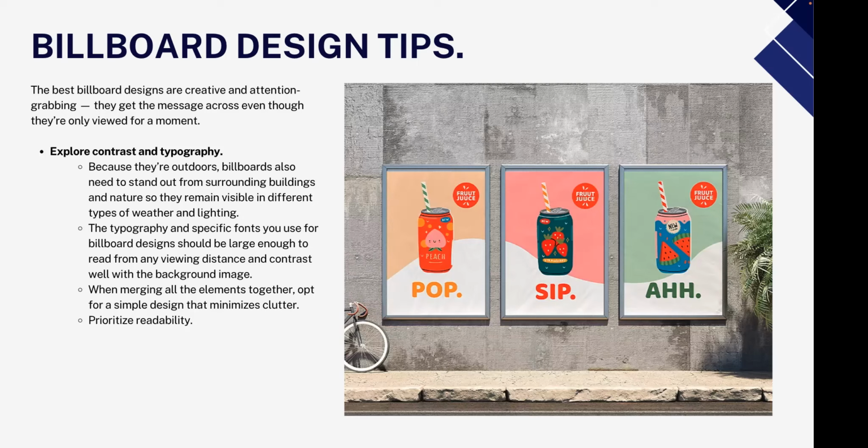Or search in font families that your brand already uses and pick a bold or black variation. Use fonts that you can run large enough so that viewers don't need to walk or drive closer to make out the details. When merging all the elements together, opt for simple design that minimizes clutter. A white font on a colorful background, for example, creates a vibrancy that draws in the eye.